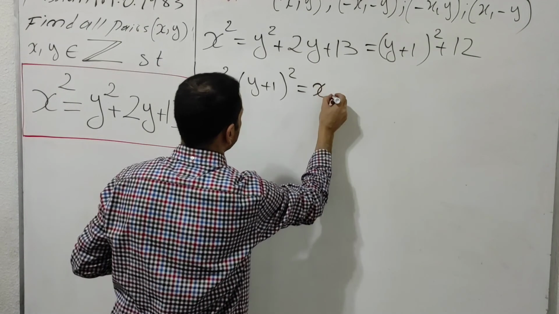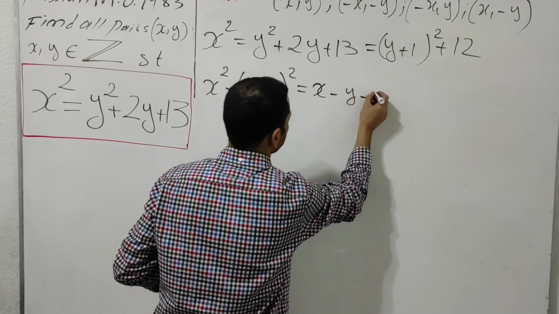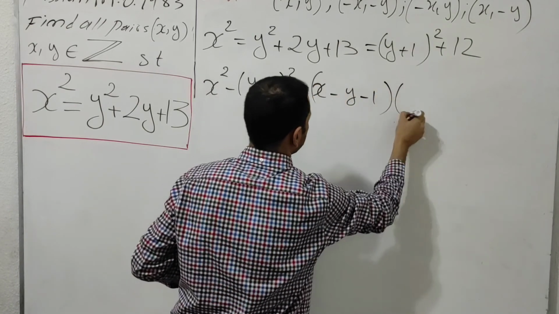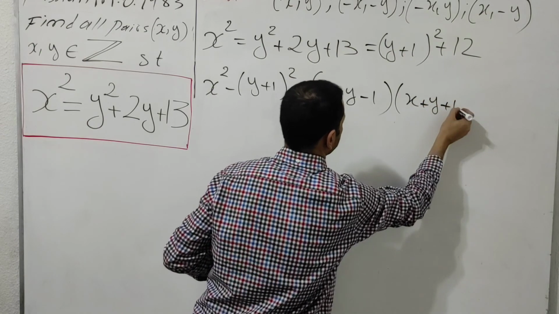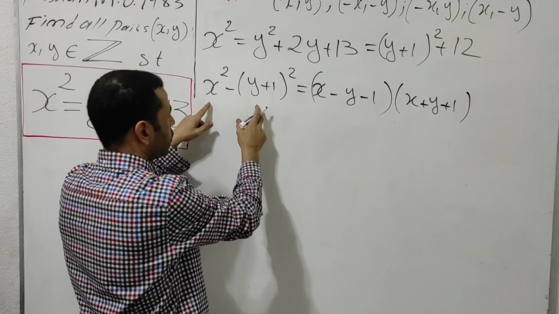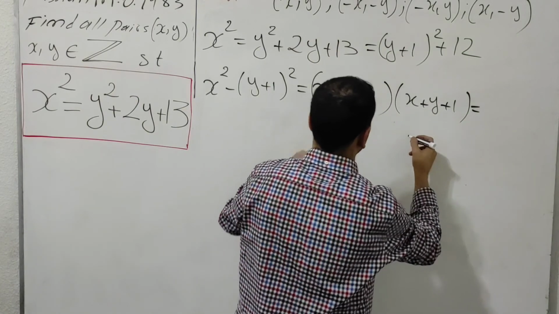I will get (x minus y minus 1) multiplied by (x plus y plus 1). So after factorization, this equals 12.